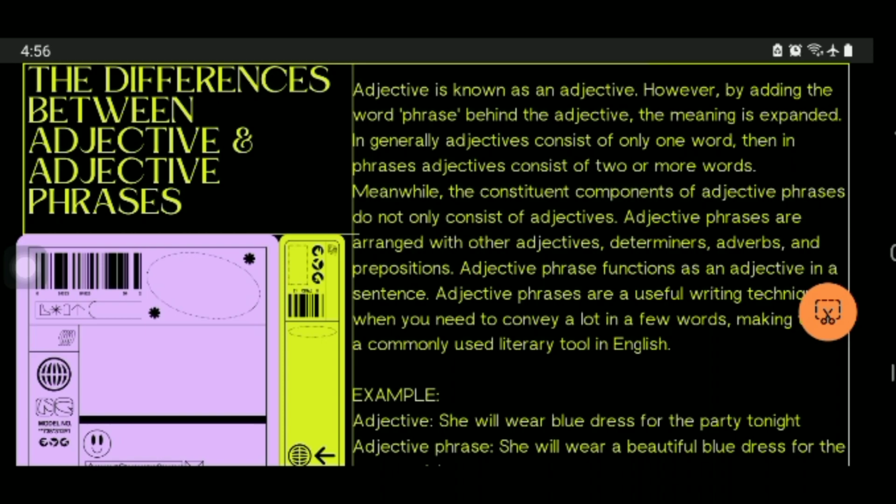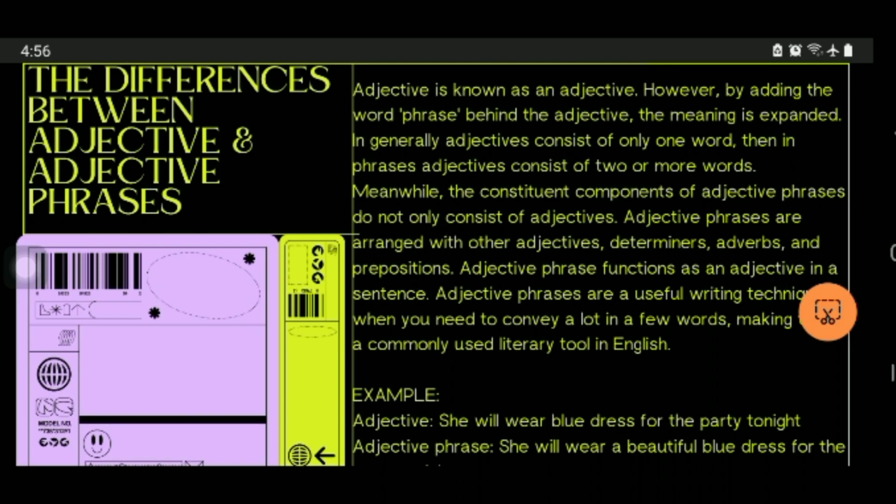Meanwhile, the constituent components of adjective phrases do not only consist of adjectives, so adjective phrases are arranged with other adjectives, determiners, adverbs, and prepositions. Adjective phrases function as an adjective in a sentence.